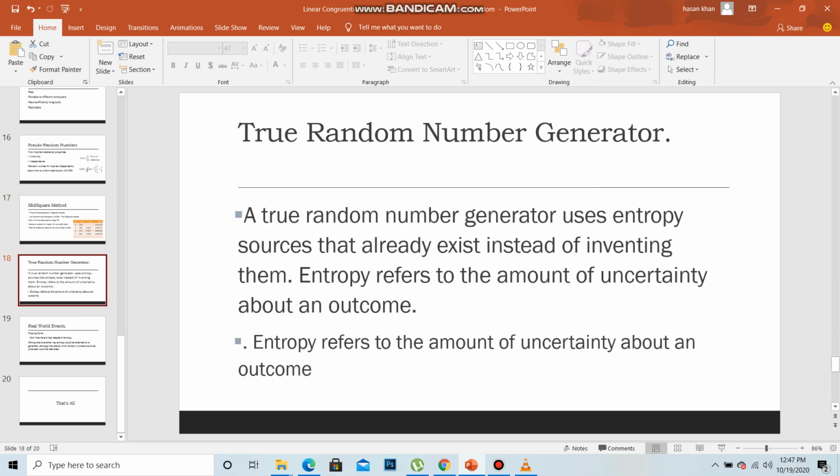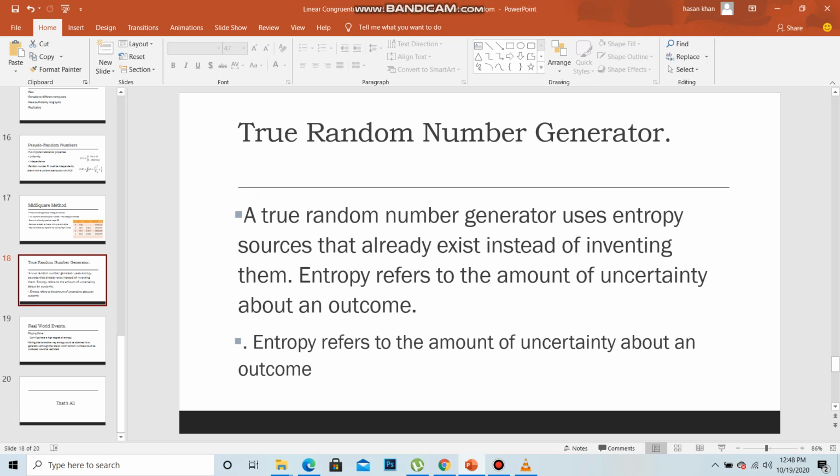Now we have the true random number generator. A true random number generator uses an entropy source that already exists instead of inventing one. Entropy refers to the amount of uncertainty about an outcome. Now, what is entropy?